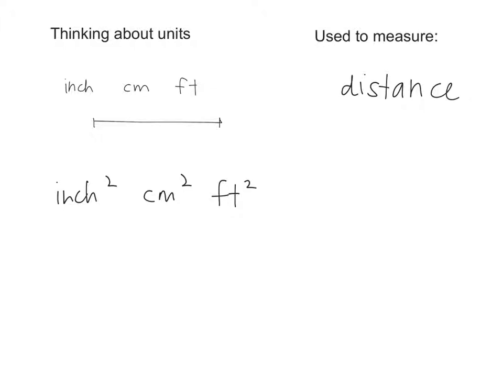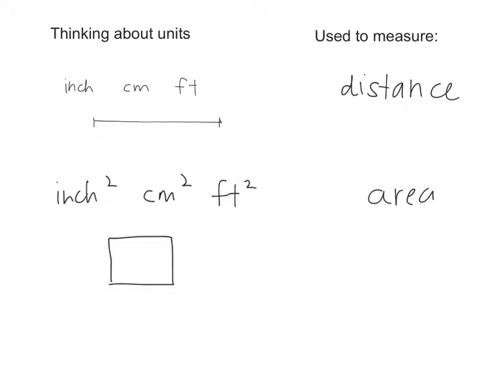Everyone? Area. But what does 1 square inch actually look like? How many dimensions does it measure? 2. It has a length and a width. So a square inch literally looks like a square.